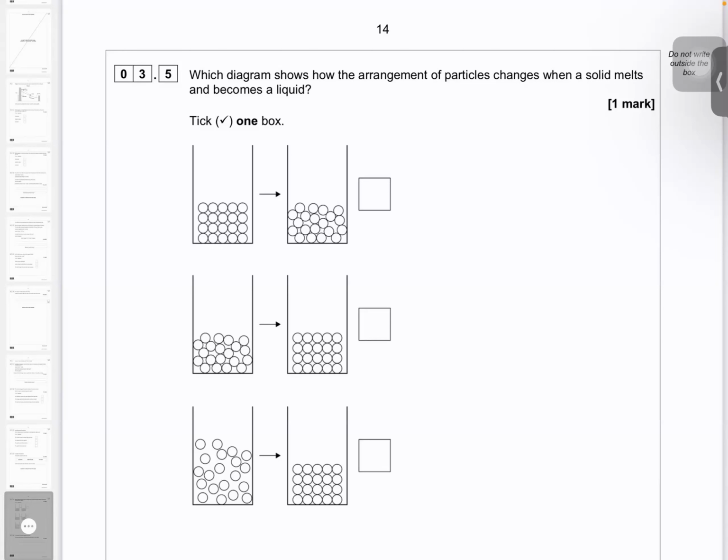Okay. This one says, which diagram shows how the arrangement of particles changes when a solid melts and becomes a liquid. That first one looks more like it because it looks like it's in a lattice organized structure, like a net.